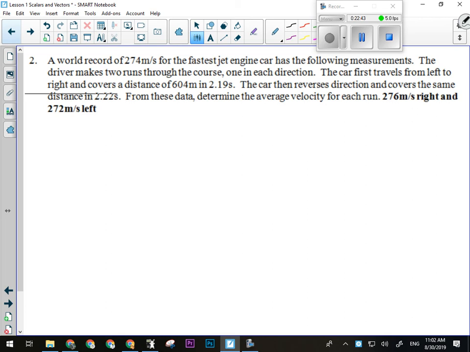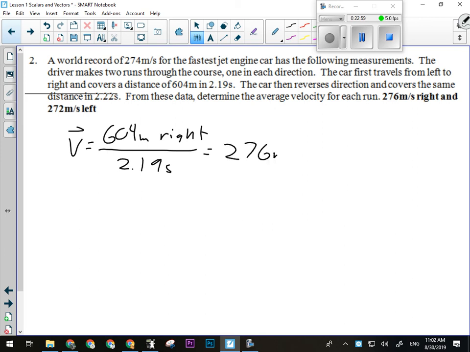Okay, and it does that from left to right. So our first one here, the average velocity is going to be 604 meters right divided by 2.19 seconds. Right, that'll give us 276 meters per second to the right.